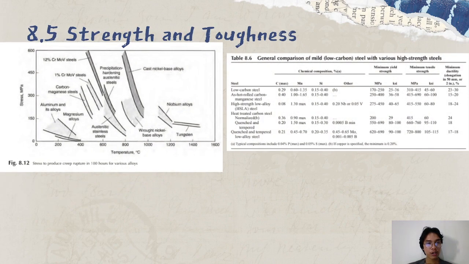8.5 is strength and toughness. You can see picture 8.12, the stress to produce creep rupture in 100 hours for various alloys.